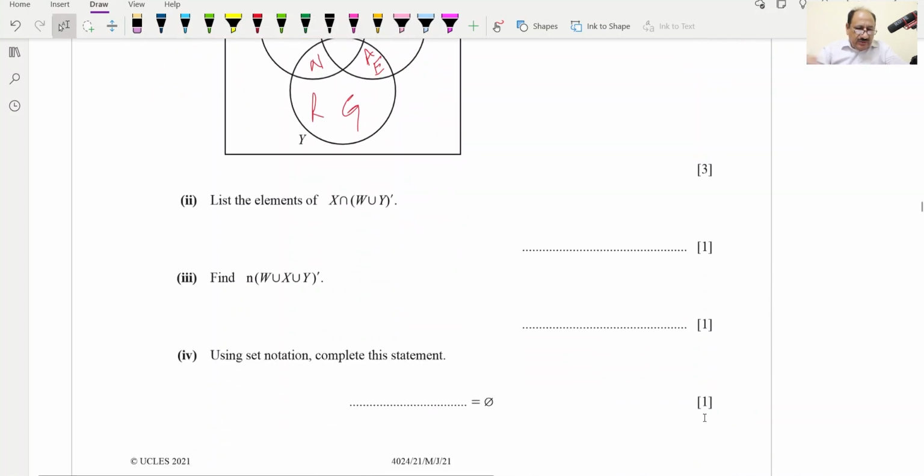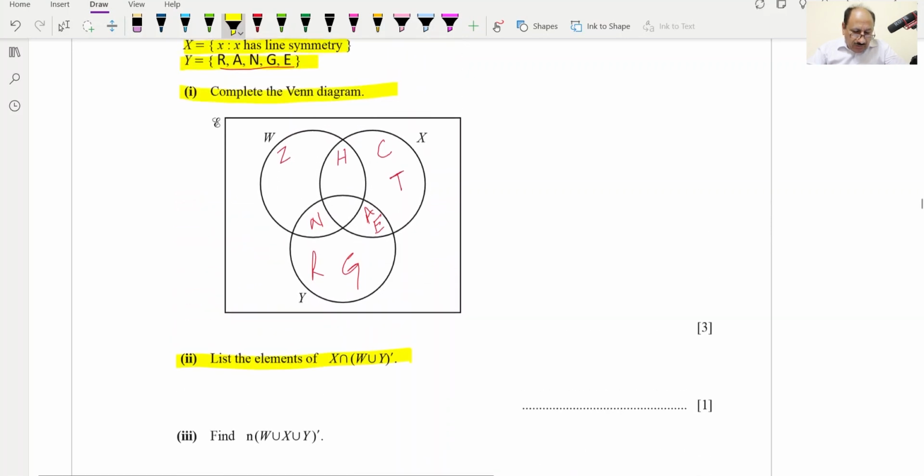They're saying list the elements of X intersection (W union Y) complement. So we have to take the intersection of W and Y, which is this one.